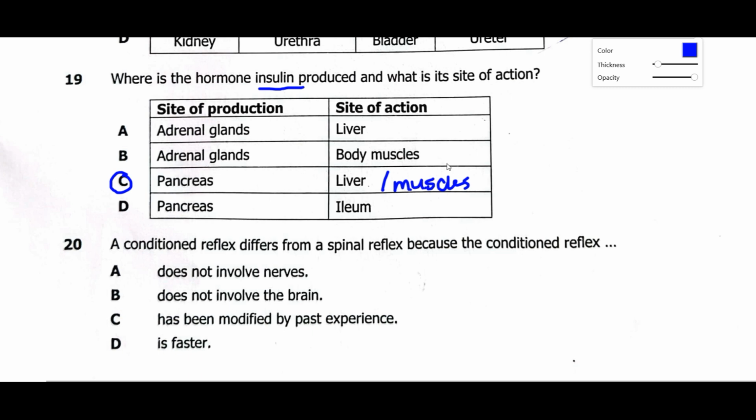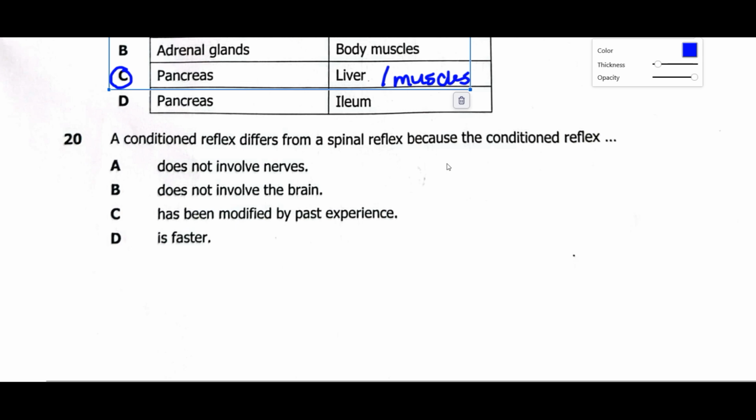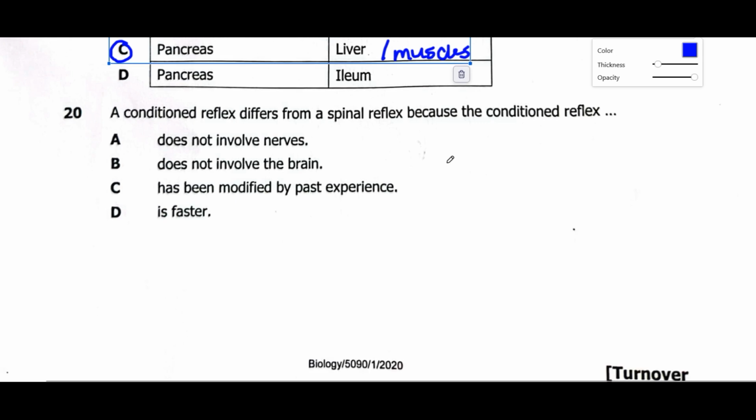We move on to question 20. A conditioned reflex differs from a spinal reflex because conditioned actions are acquired by learning and by repeating a certain activity. Any activity that you've learned, like reading, riding a bicycle, driving a car, are all conditioned.